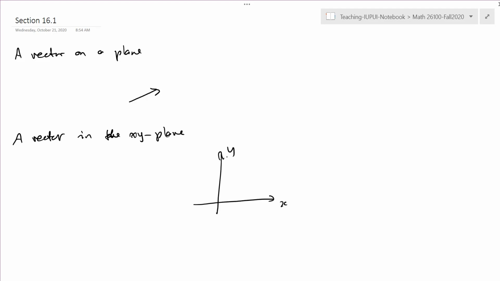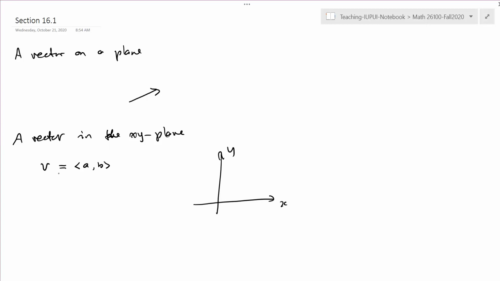How do we describe a vector? A typical notation will be as follows: v. Use this notation, which means these are the components of the vector.